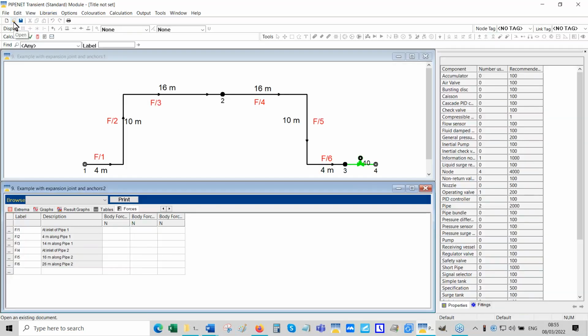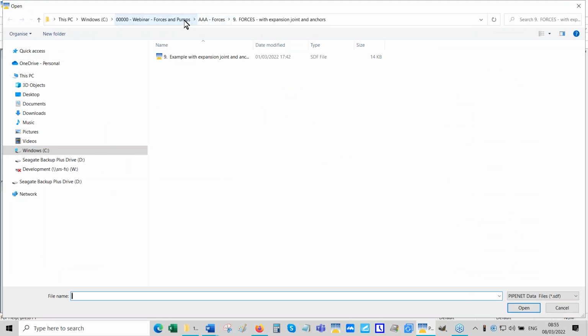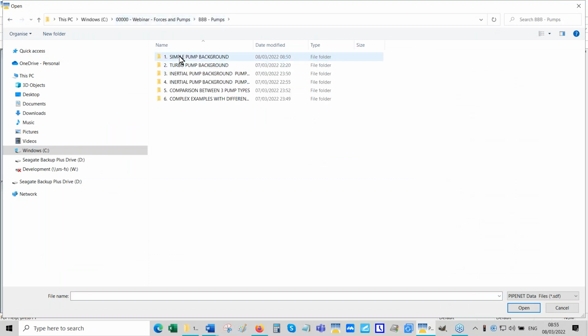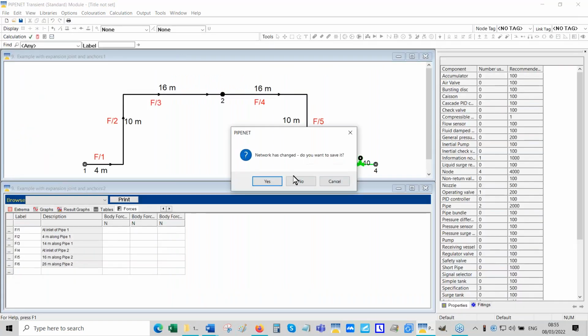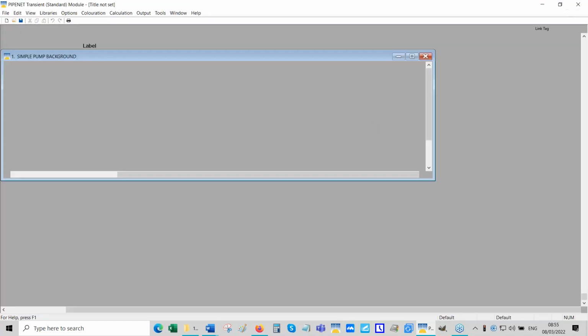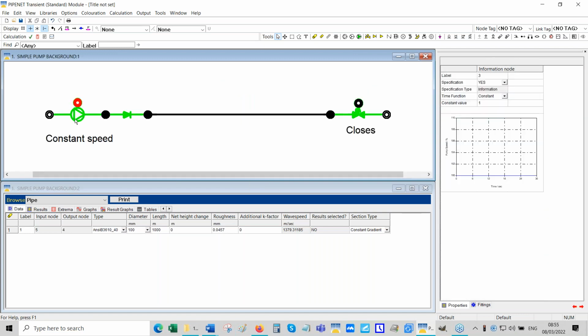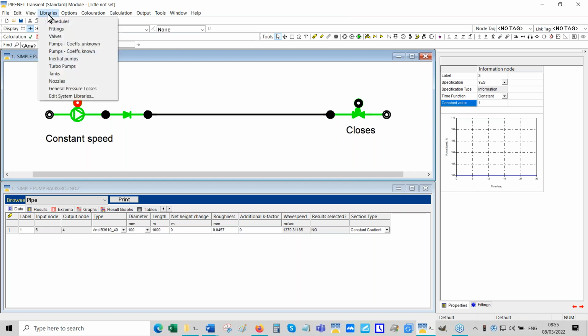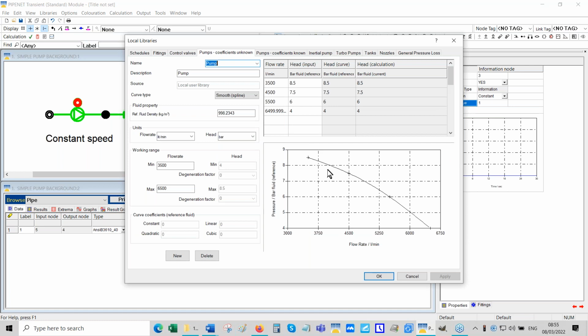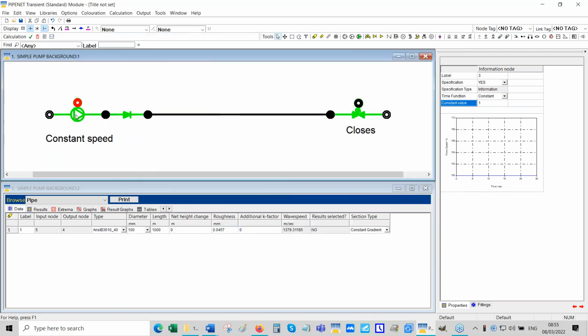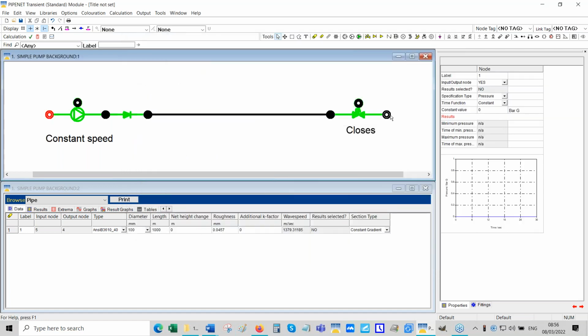So let's go and have a look. The pumps are running at a constant speed. The pump performance curve is defined here. The inlet pressure is 0. The outlet pressure is 0.